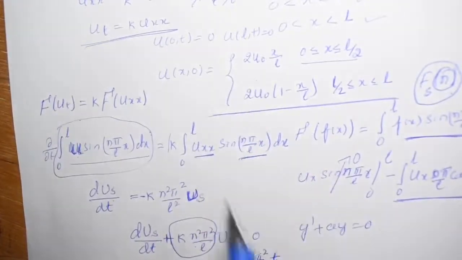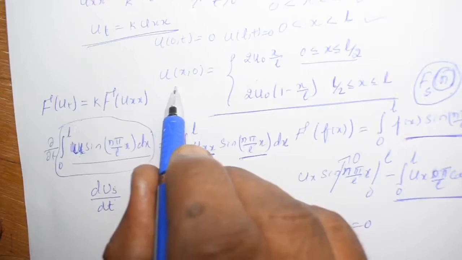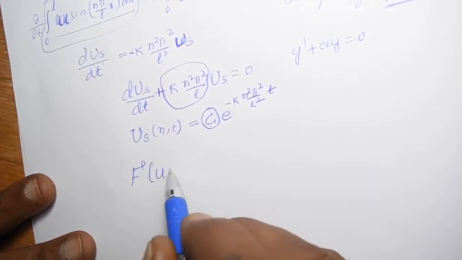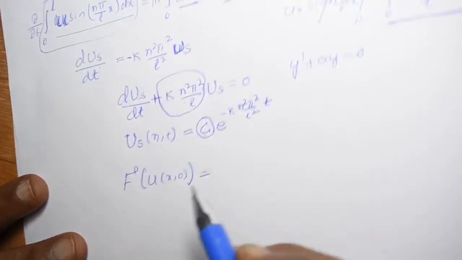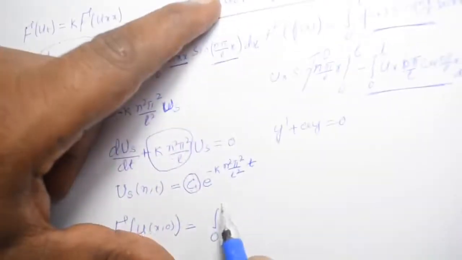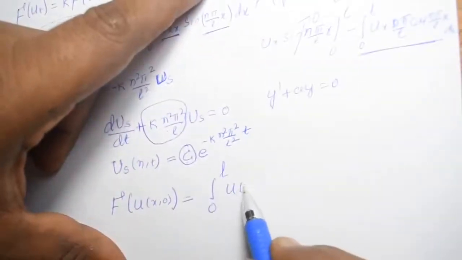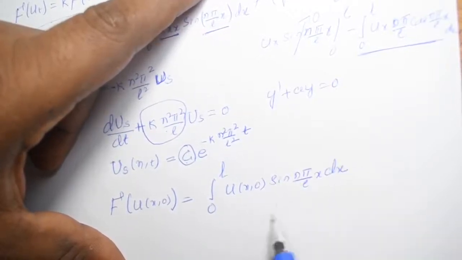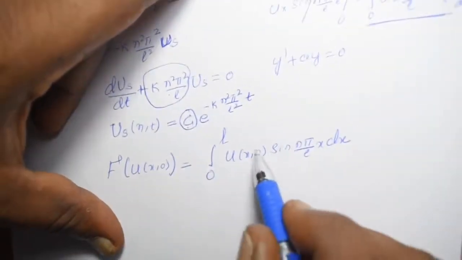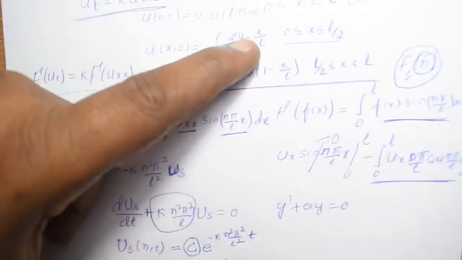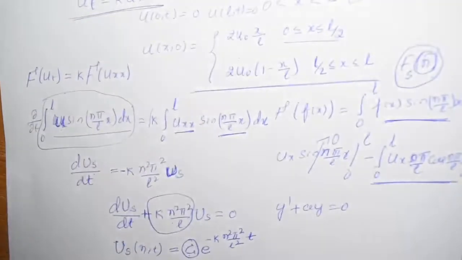The finite Fourier sine transform of this term is given by the integration from 0 to L of u(x,0) into sin(nπ/L · x) dx. This is the original concept. But here u(x,0) is defined in two subintervals, so you have to split the integration.